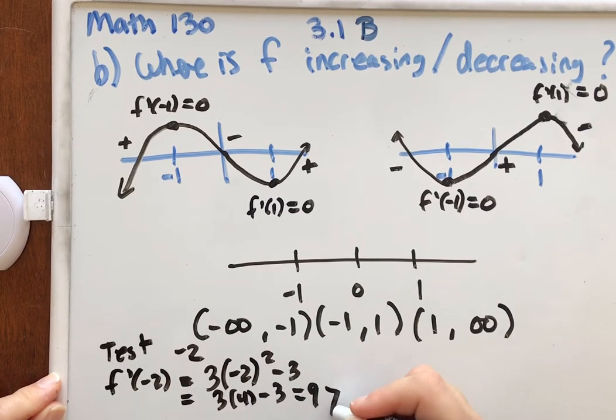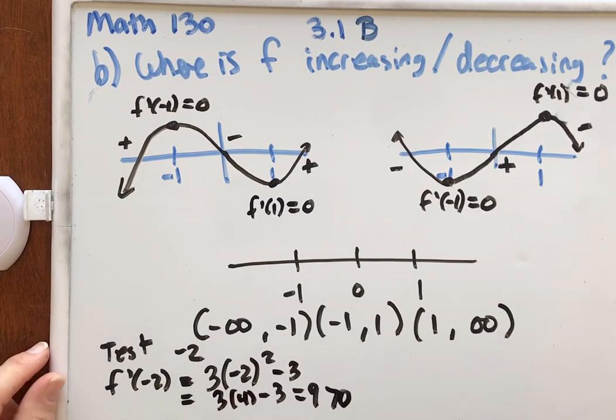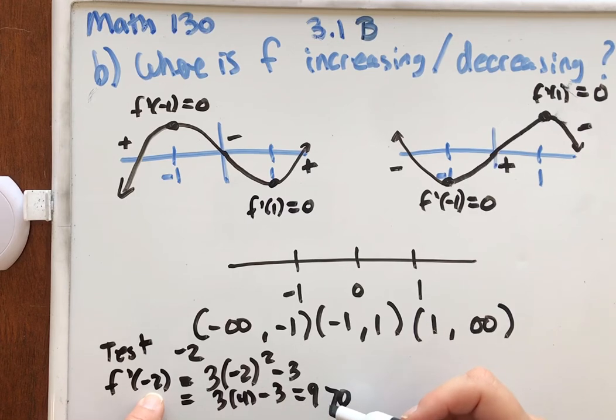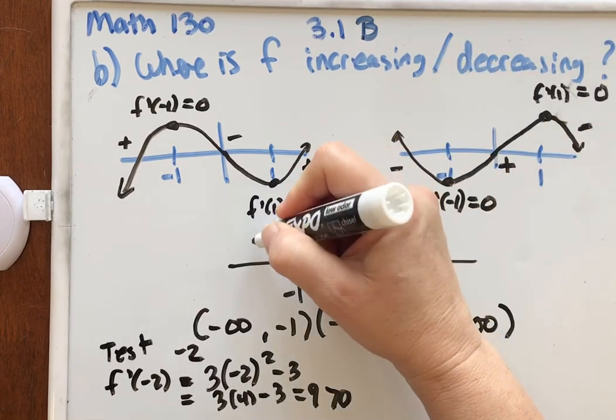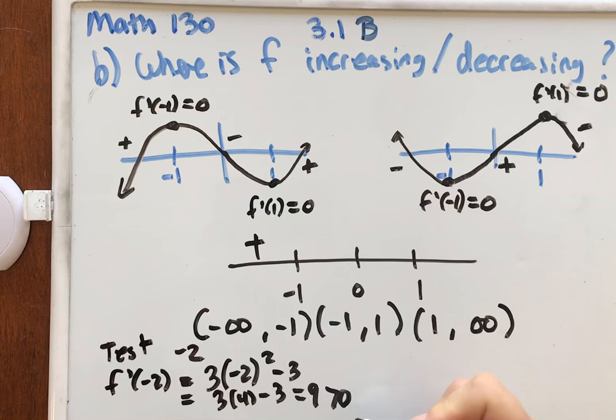Now 9 is greater than 0. Since 9 is greater than 0, where we have x equal to -2 and we take the derivative, that means this is going to have a positive tangent line, I guess you could say, increasing. So we're going to put a positive there because 9 is greater than 0.